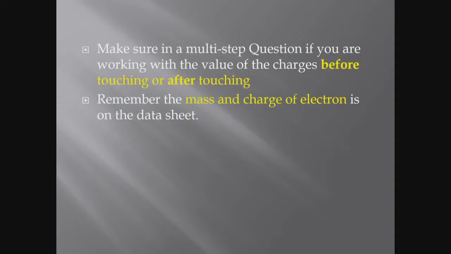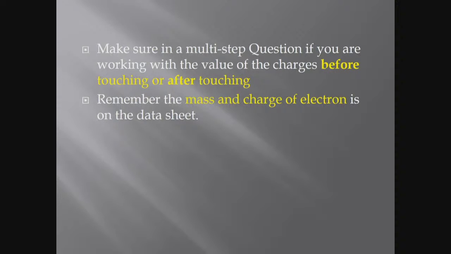Right, and I've touched on it earlier, just make sure where a scenario is given, where three spheres are given, and then they touch, that you work with the new values of the spheres after touching, that you don't work with the initial values of the spheres.